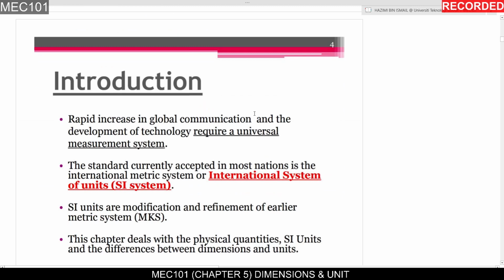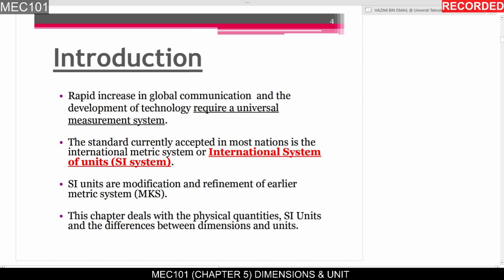I think every one of you has already learned about the SI unit in the physics subject during your Form 4, Form 5 syllabus. So I will just go a little bit faster through the introduction.